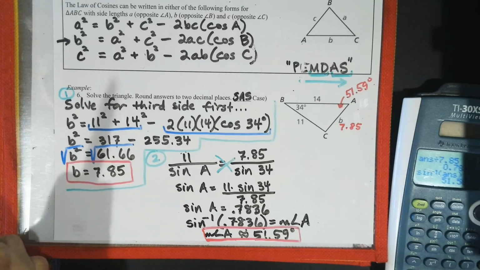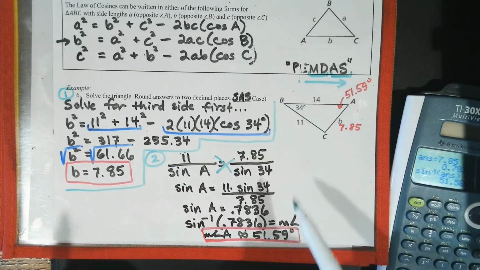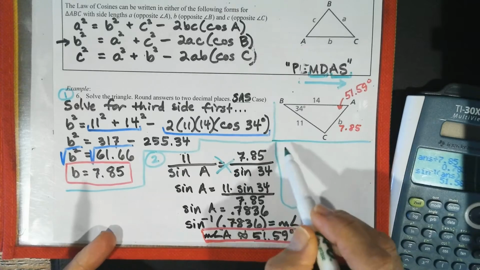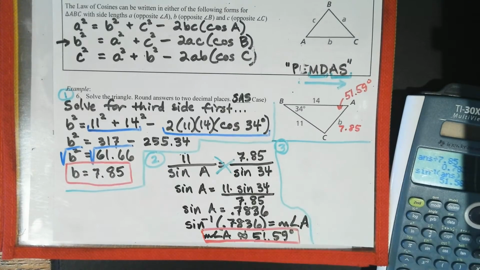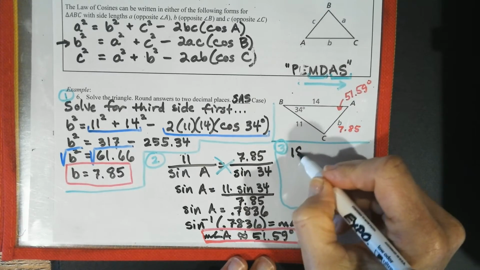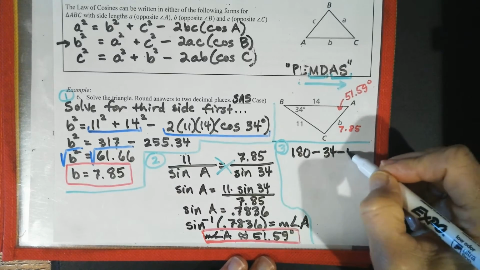So what is C? How do I figure out C? So I have one more to solve. So that'll be my third step. So all I have to do is subtract.